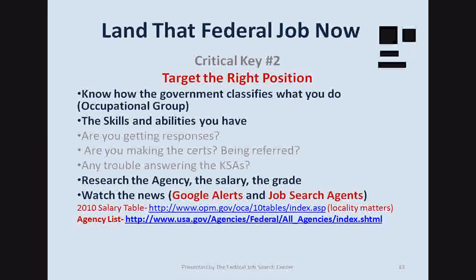And another simple way to start targeting the right position is to go to USA Jobs, usajobs.com. Set up a job search agent. If you don't have an account on usajobs.com, make sure you get one. Put in keywords also. If your skills are writing, technical writing, analysis, research, you might want to put in a search for that.